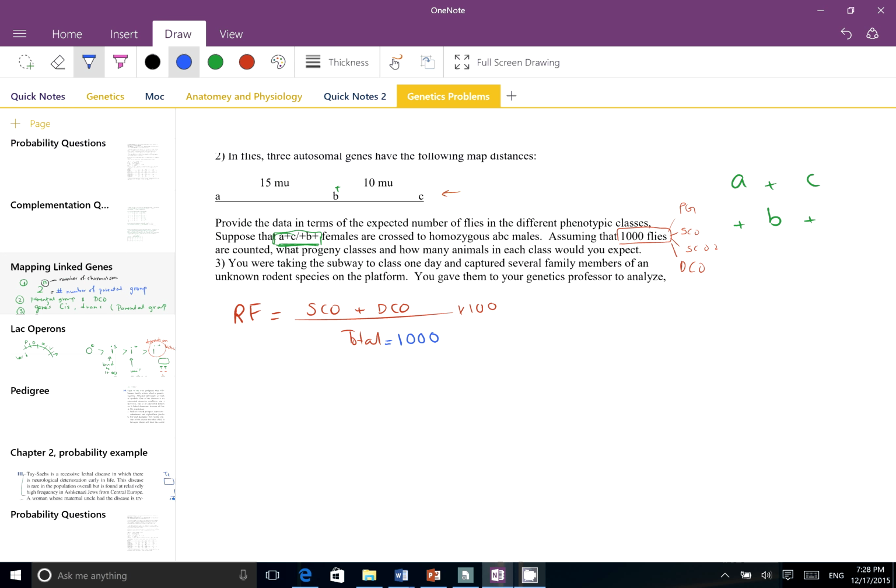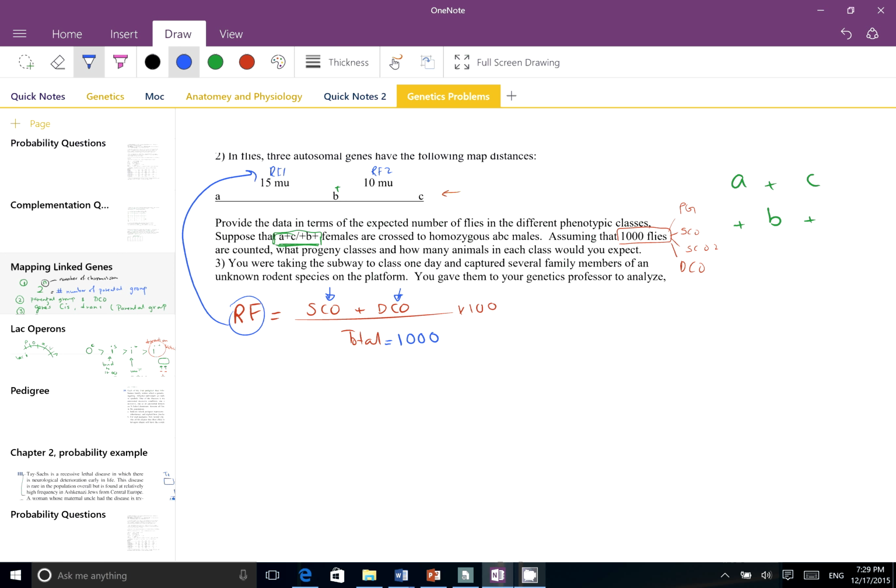You know your relative frequencies, RF1 and RF2. The values that you don't know are the single crossover for each one and the double crossover. Once you figure those out, you can do everything else.